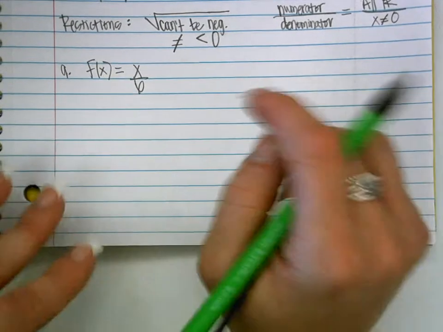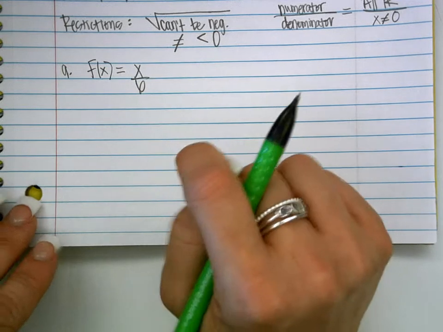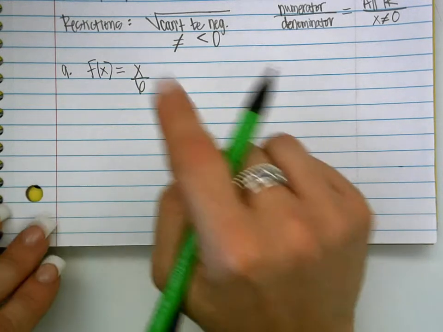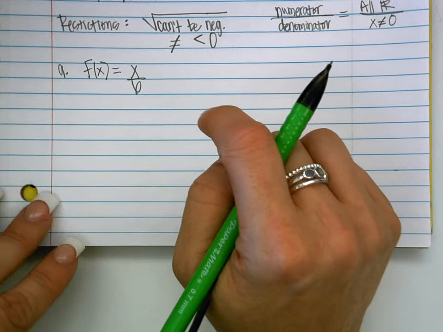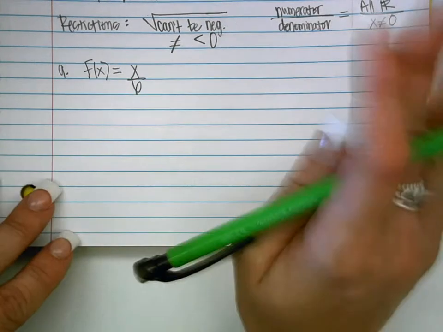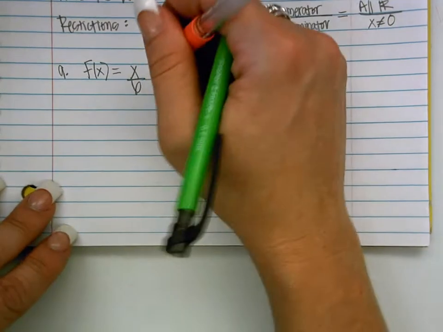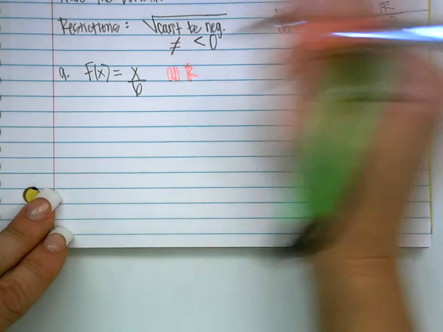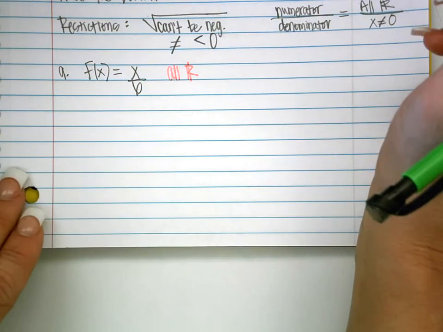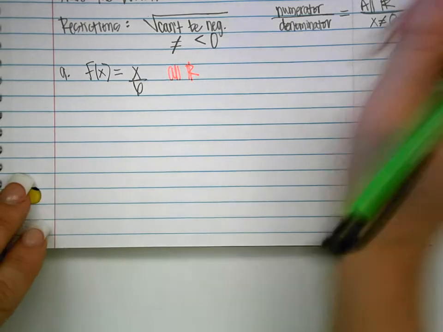Is a positive over 6 an okay answer? Yes. So are there any restrictions here for the domain for what x could possibly equal? No restrictions, therefore your answer is all real numbers. Okay, the domain for this is all real numbers. There are no restrictions as to what x could equal here.